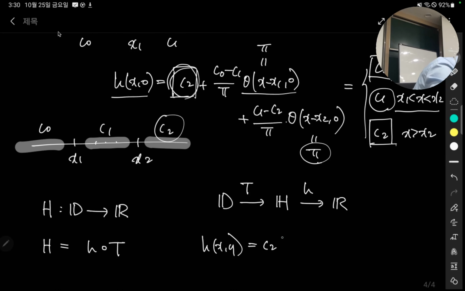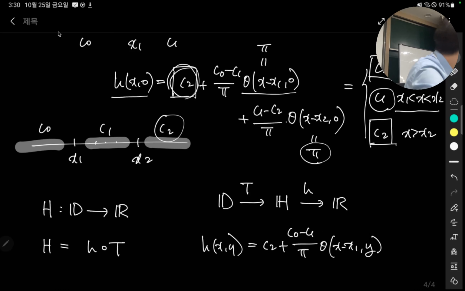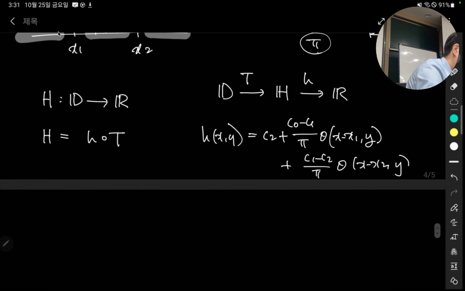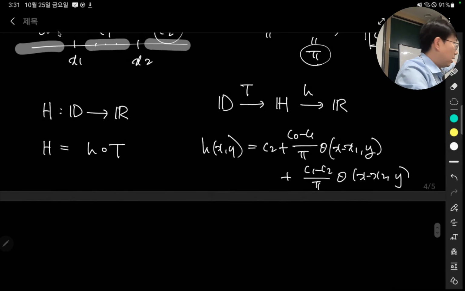If I have the same boundary condition that I drew there, then it's C0, C1 theta of x minus x1, y, so y comes here, and then pi times C1 minus C2 theta of x minus x2, y. Okay, so that's your h here. So t is already up there, so simply you take the composition to get h.